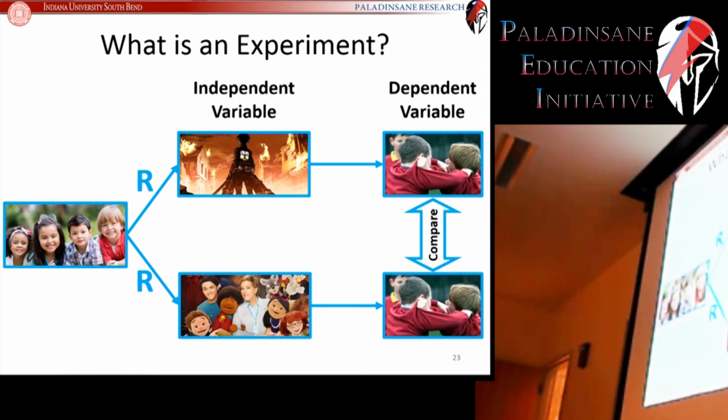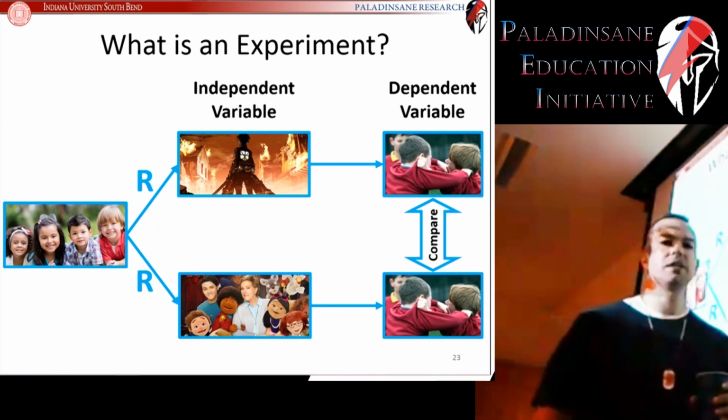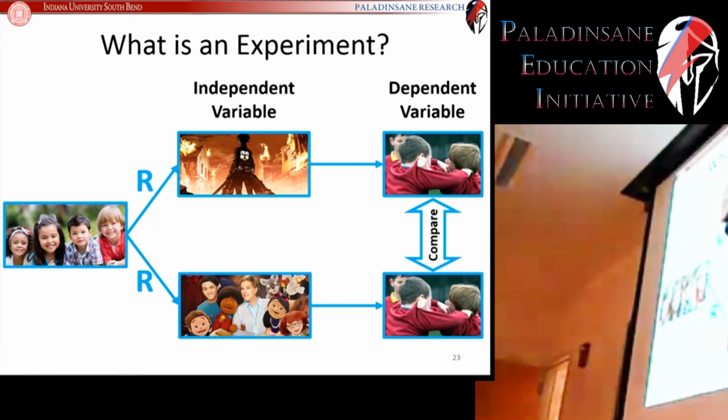So we compare those two, and again, any difference here can only come from the difference in what they watched before, because the two groups were randomized so that they're the same. So if they lead to different behaviors, the only difference between the two groups was the TV that they were exposed to.